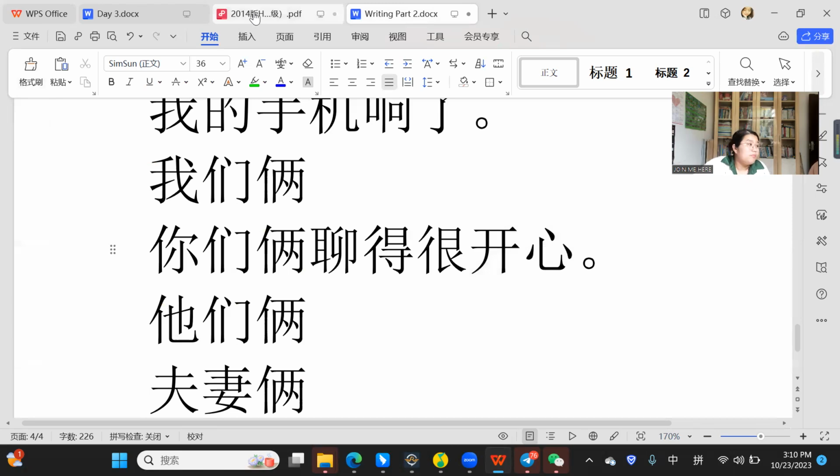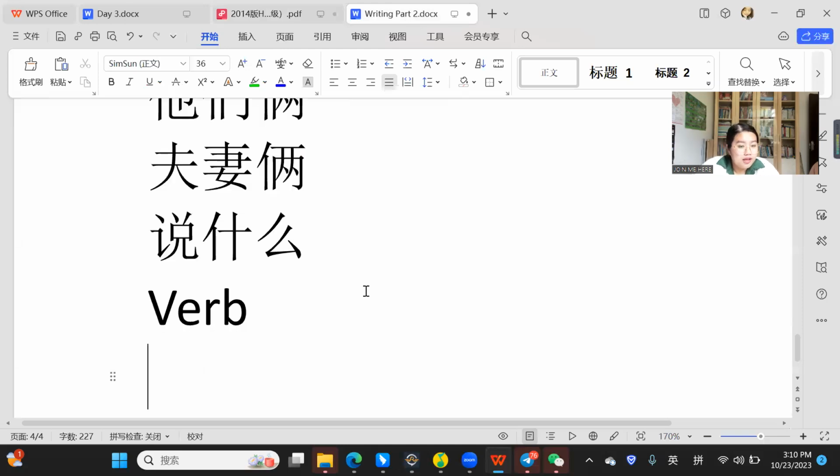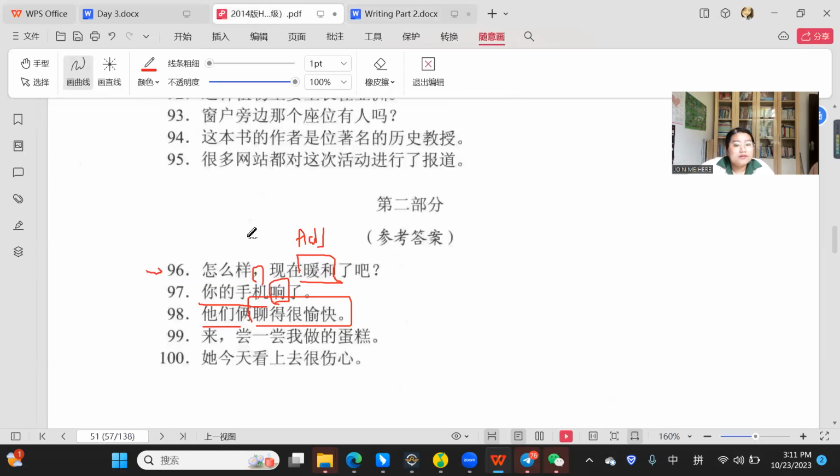So you can make a sentence. So when you have verb, and if you can think more about it, you can even use this button for the adjective. This button. Okay.